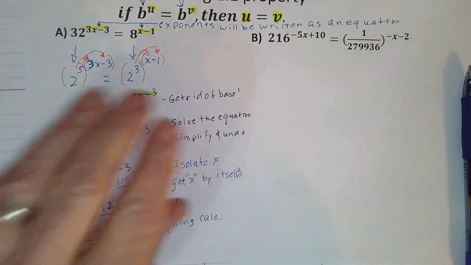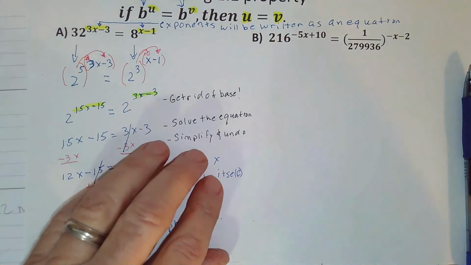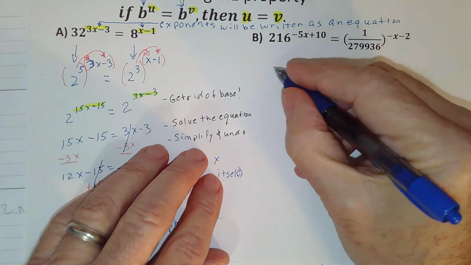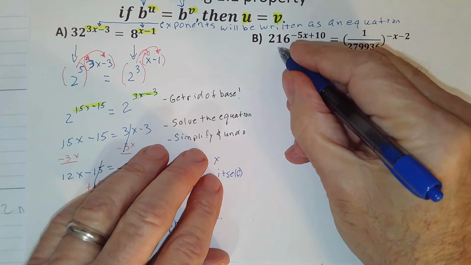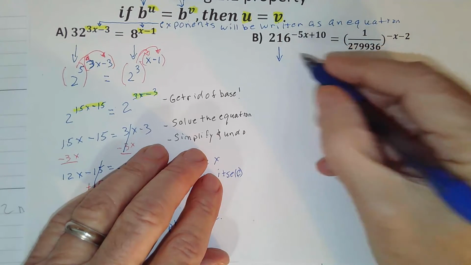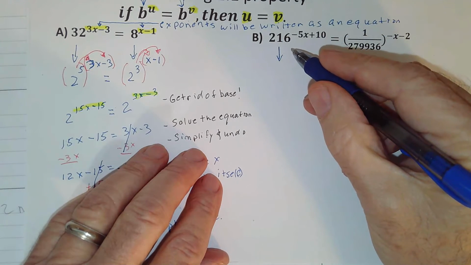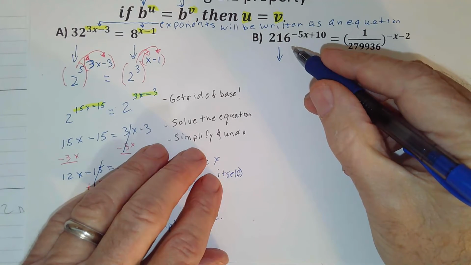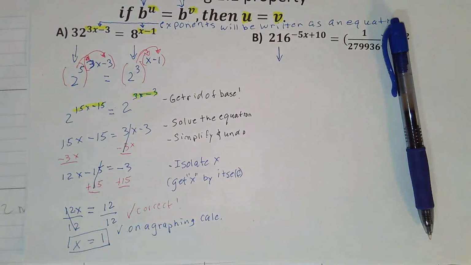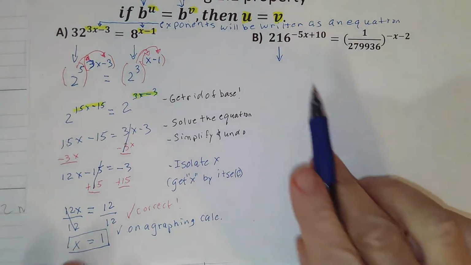So I'm going to take the 216 and I want to figure out what 216 is. What is it to the power of? Okay. So looking at 216, I've got to figure out what its base is going to be, because wow, this one's more challenging.